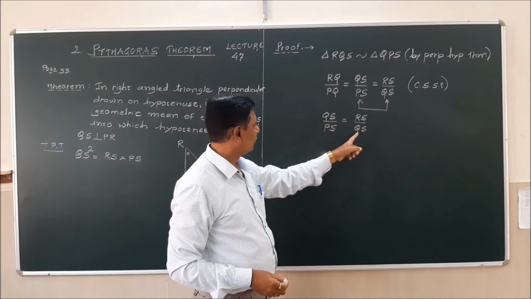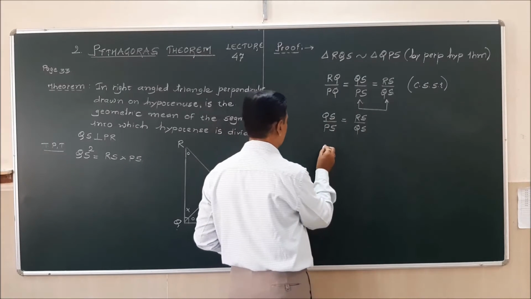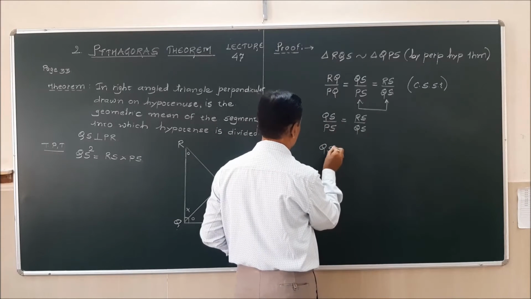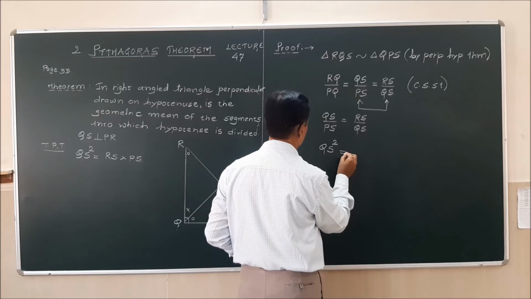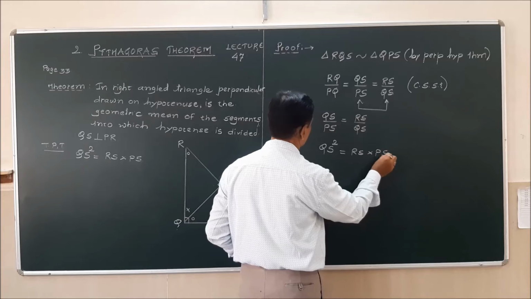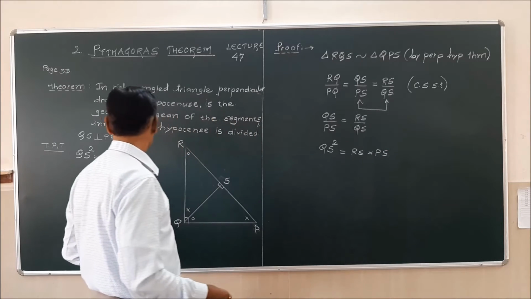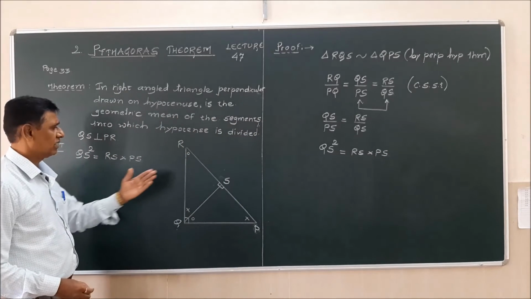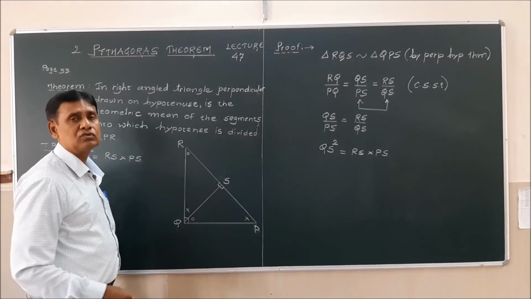Then QS into QS will give us QS square. So QS square is equal to RS into PS.